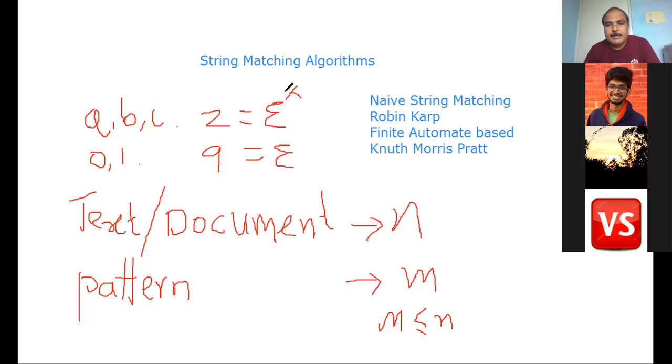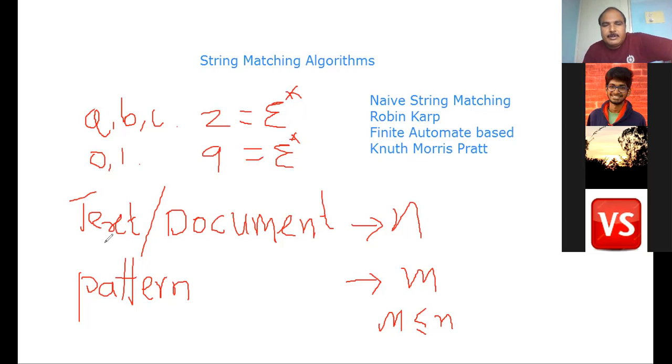Now, what does summation star indicate? It is the sequence of input symbols formed from the summation, and that's a string. So we say a string or a text. How is a text formed?